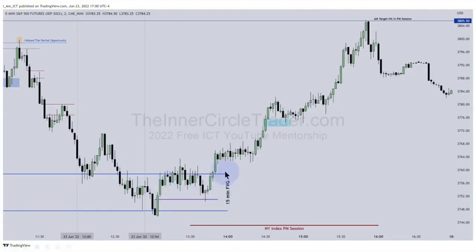So this is the 15-minute fair value gap, and it's trading down to an order block after a shift in market structure, after trading down and closing in a 15-minute time frame fair value gap, and then it trades into an optimal trade entry, which is the flagship pattern of this YouTube channel. Fair value gap with an order block and optimal trade entry is the gold standard of the ICT pattern that's taught on this YouTube channel.